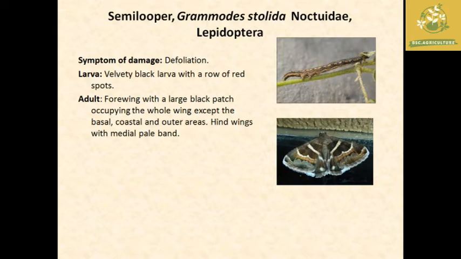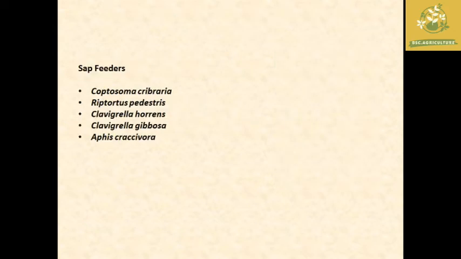The hind wings are medially pale banded. And some other sap feeders in green gram are Coptosoma cribraria, Riptortus pedestris, Clavigralla horrens, Clavigralla gibbosa and Aphis craccivora.